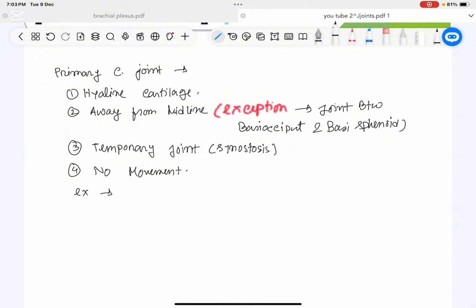Primary cartilaginous joints, a very good example we can say, in case of a growing long bone, the junction between epiphysis and diaphysis. So, epiphyseal-diaphyseal joint, number 1, and another one is, we can say in the thoracic case, first chondrosternal joint.